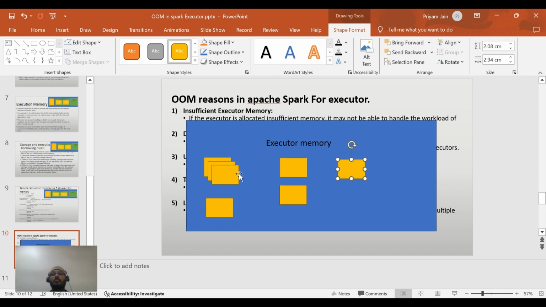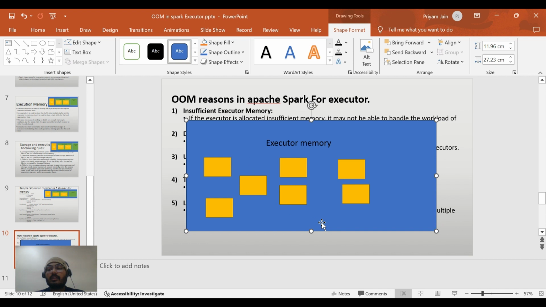And just suppose we are joining two big datasets, and the data is skewed over there. While joining two data frames, we are having some values.